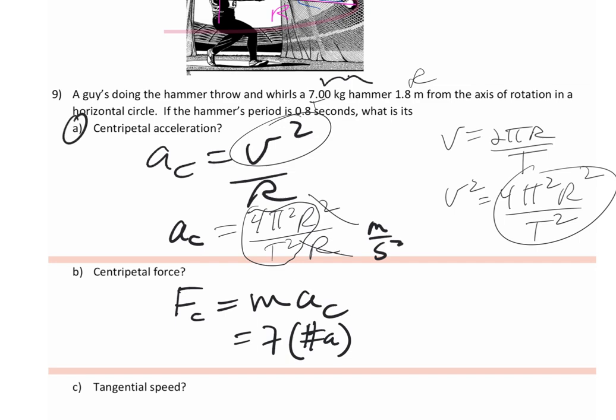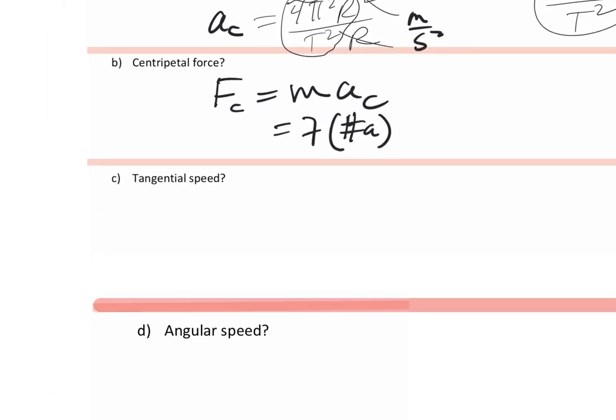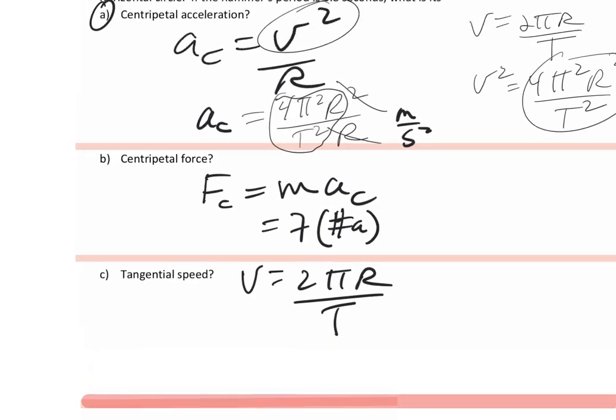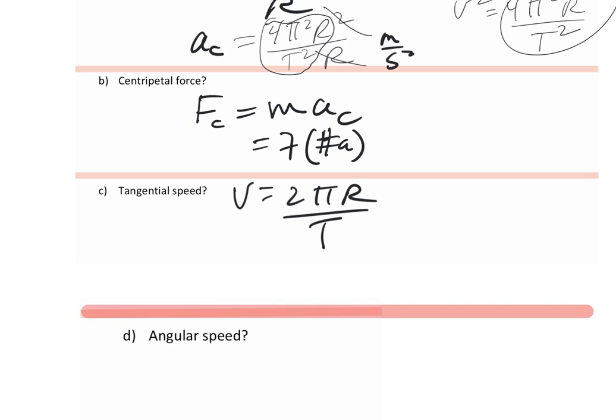For letter A, the answer for number A, I guess. What's the tangential speed? Well, I could plug it all in here. Just use V equals 2 pi R over T. I got the period, I got the radius.